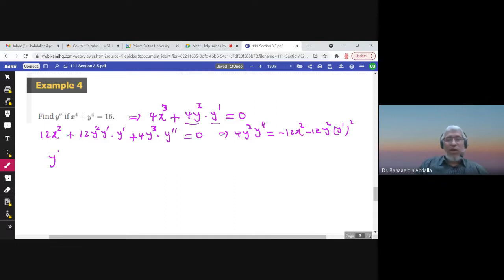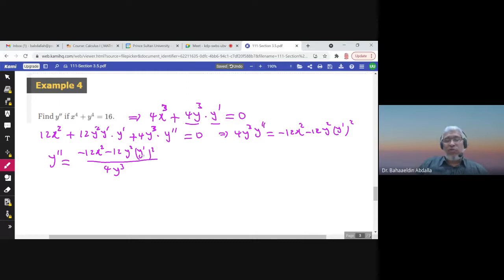So y double prime would be negative 12x squared negative 12y squared times y prime squared over 4y cubed.